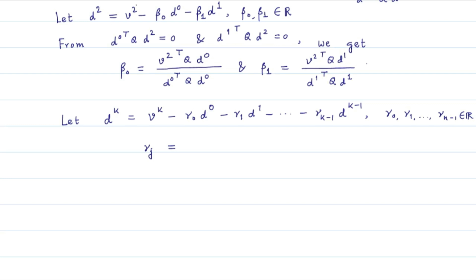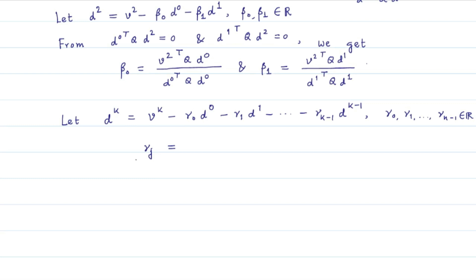And here, as we have the vector v2 to define the vector d2, we have v2 transpose being multiplied here. Similarly, for beta1, as it is associated with d1, we have d1 transpose Q d1 in the denominator, and here also d1, and as in defining d2 we have taken v2, this v2 transpose is multiplied over here to get the coefficient beta1.